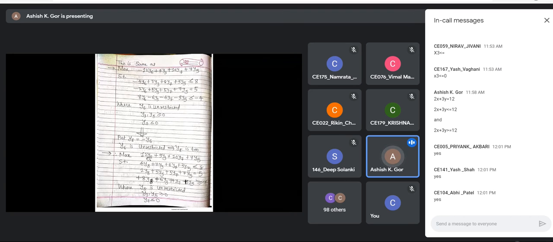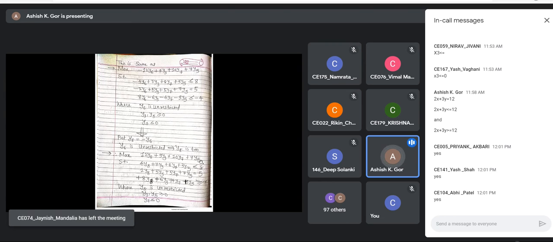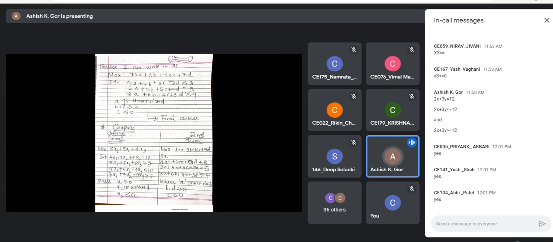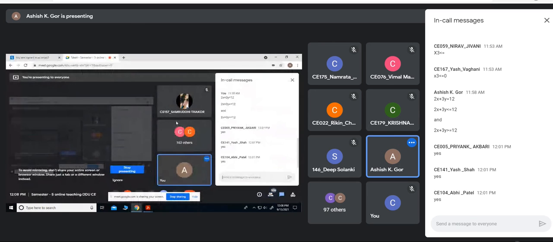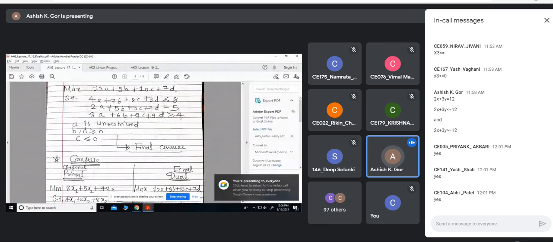I have just renamed the variables: y8 is A, y3 is B, y7 is C, and y5 is D, for making it nice. So it will be 12A plus 9B plus 10C plus 7D. So y8 equals A, y3 equals B, y7 equals C, and y5 equals D, and hence I get this, which is what we have written.